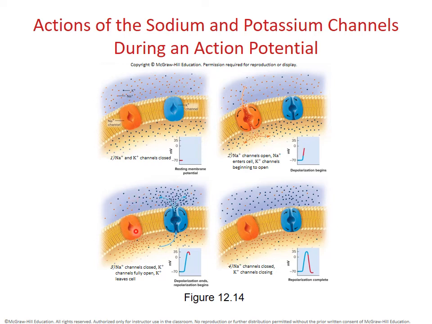Following that, the sodium channels close, the potassium channels open, allowing potassium then to exit the cell. That starts to bring it back down. And eventually, when we get back around resting or hyperpolarized, then the potassium channel will close. We gradually readjust back to normal, and then we end up back where we started, where both channels are essentially closed.